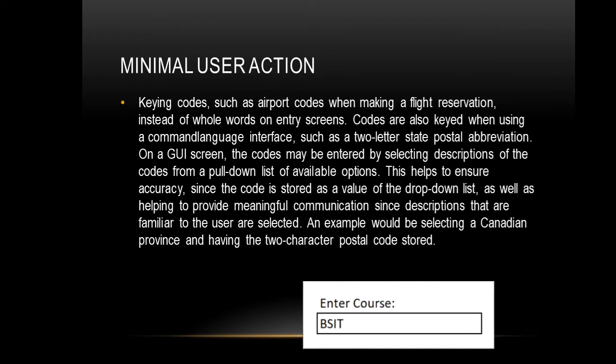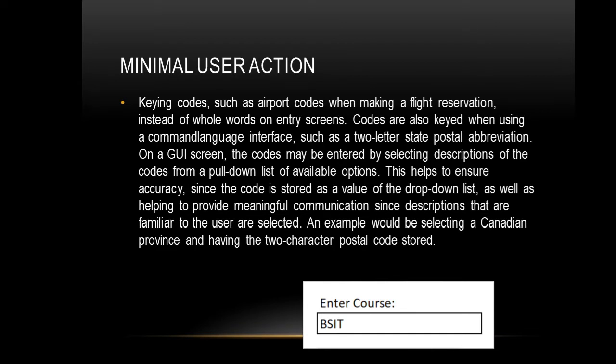One is keying codes, such as airport codes when making a flight reservation, instead of the whole words on entry screens. Codes are also keyed when using a command language interface, such as a two-letter state postal abbreviation. On a GUI screen, the codes may be entered by selecting descriptions of the codes from a pull-down list of available options.